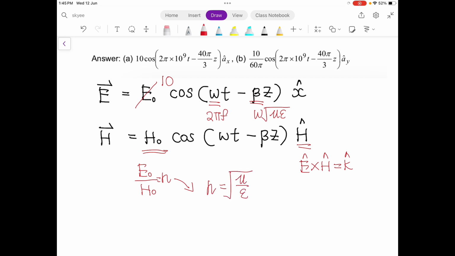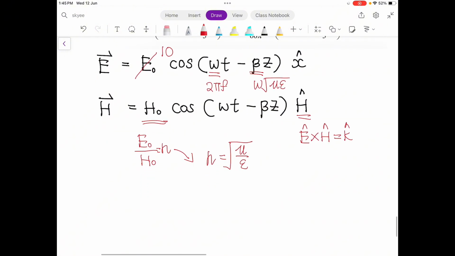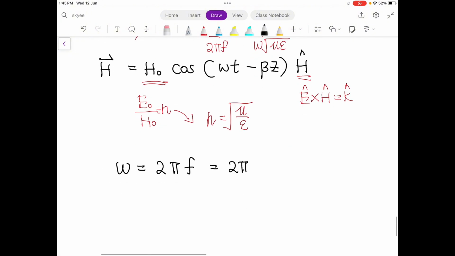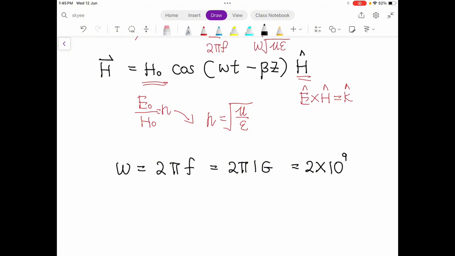So we need to find these before we can get the equation for the electric field and the magnetic field. The first thing I want to calculate is the omega, equal to 2 pi f. So 2 pi multiplied by the frequency 1 gigahertz, so it is 2 times 10 power 9 pi. This is the omega.